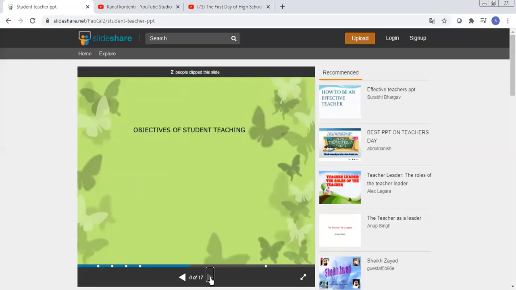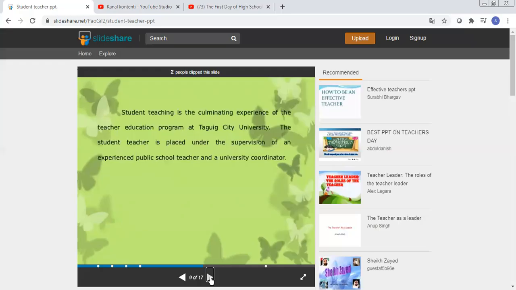Objectives of student teaching. Student teaching is a culminating experience of the teacher education program at Tubman City University, and the student teacher is placed under the supervision of an experienced public school teacher and university coordinator.